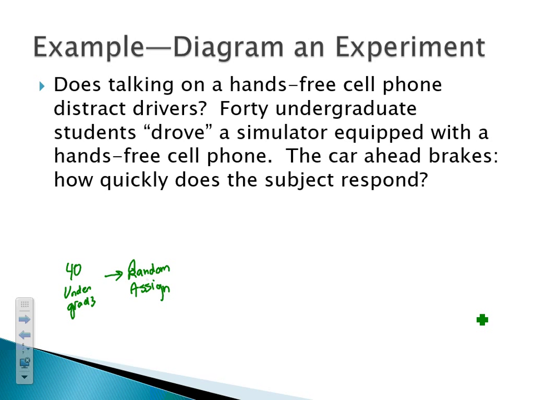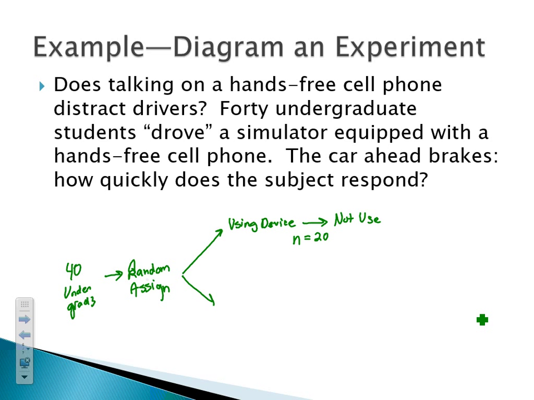Now, what we're going to randomly assign, again, is the order of the treatments. So we're going to have one group that drives the simulator using the device, and then they're going to not use it. We're going to put 20 people in this group.